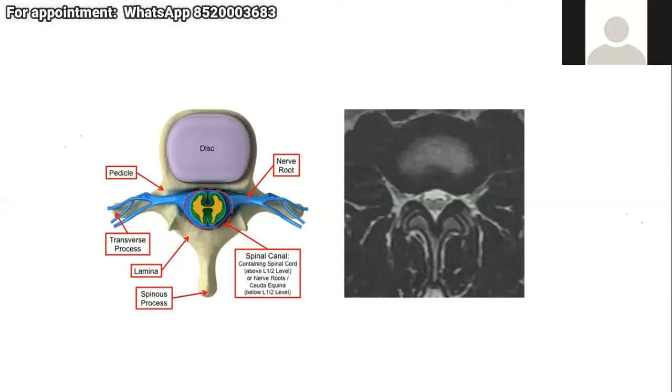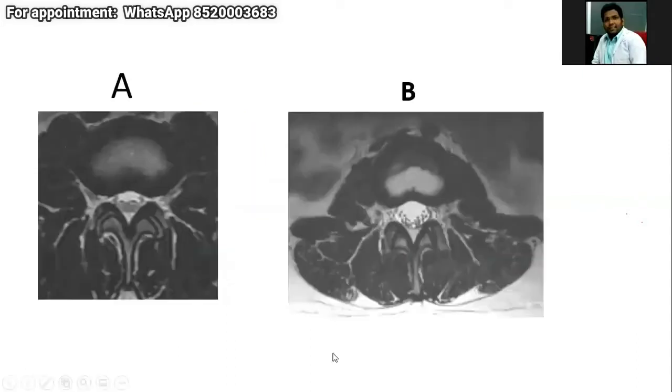Below L1, sir. No. Below L1, you have the spinal roots. Sorry, sir. Above L1. Is there any confusion? It's okay. I understand. And here in this cut, these are like the cauda equina.